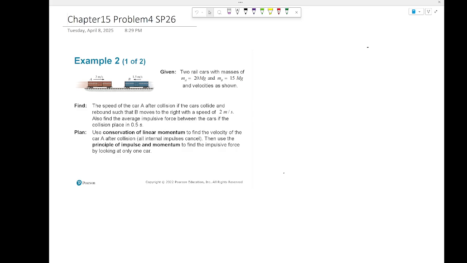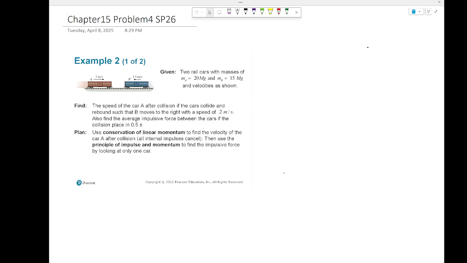So this A has a high speed and A does have higher mass, so obviously it does have high momentum, right? MV is the momentum. If both hit together, this A is going to push B or drag it towards the A direction. Does it make sense? Okay, so you've got to find the speed of car A after collision and rebound such that B moves to the right with the speed of 2 meters per second.